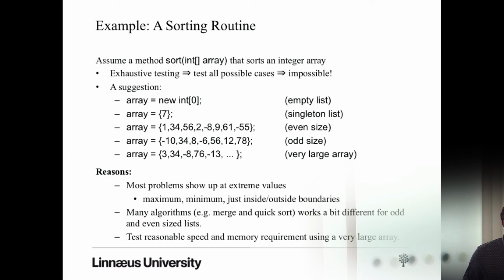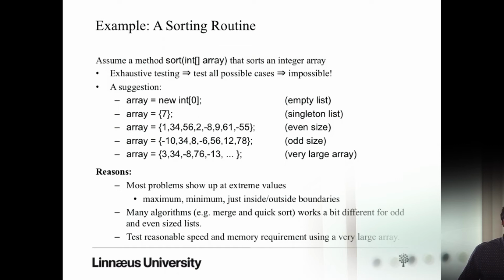For example, an empty list. Maybe a user calls your sorting method to do the sorting operation on an empty list. Your method performs well when it's a non-empty list, when it has values. But with an empty list, it could be trying to access an element that does not exist. Sometimes some algorithms also perform differently on an even size list or an odd size list.